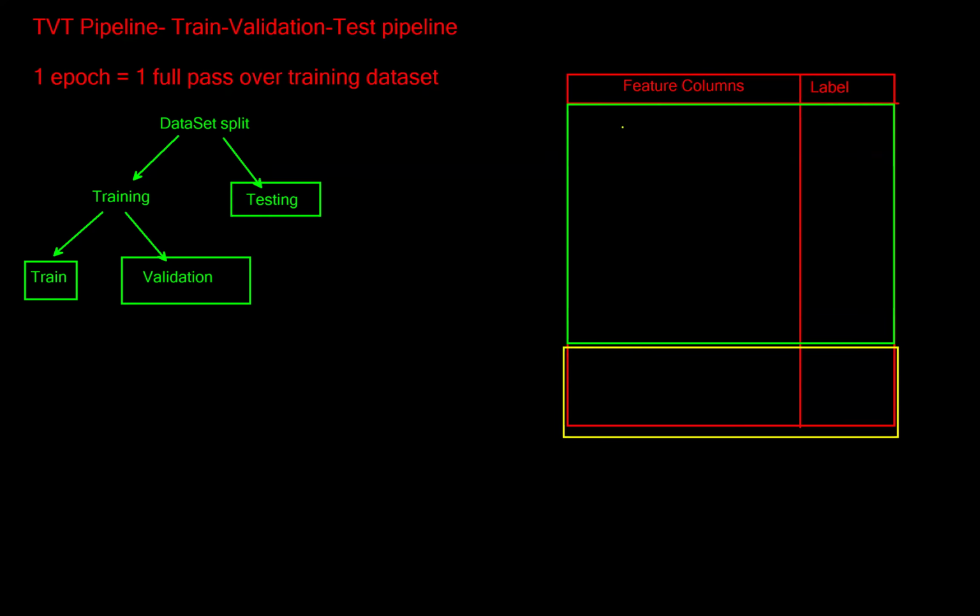And after that, from the training data set itself, we have divided and created a validation data set. So this is the validation data set. Let me clearly explain each of these things. Till here, what is this?